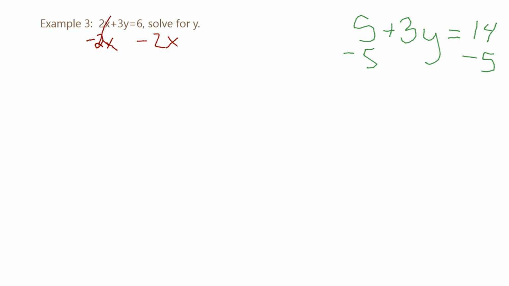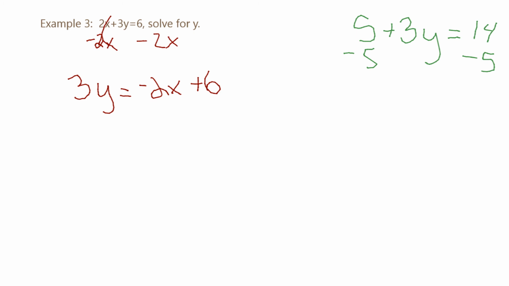So the 2x's cancel, leaving me with 3y equaling negative 2x plus 6. Get in the habit of putting the x term first because it's the slope-intercept form of a linear equation, and it's easier with the x term first.